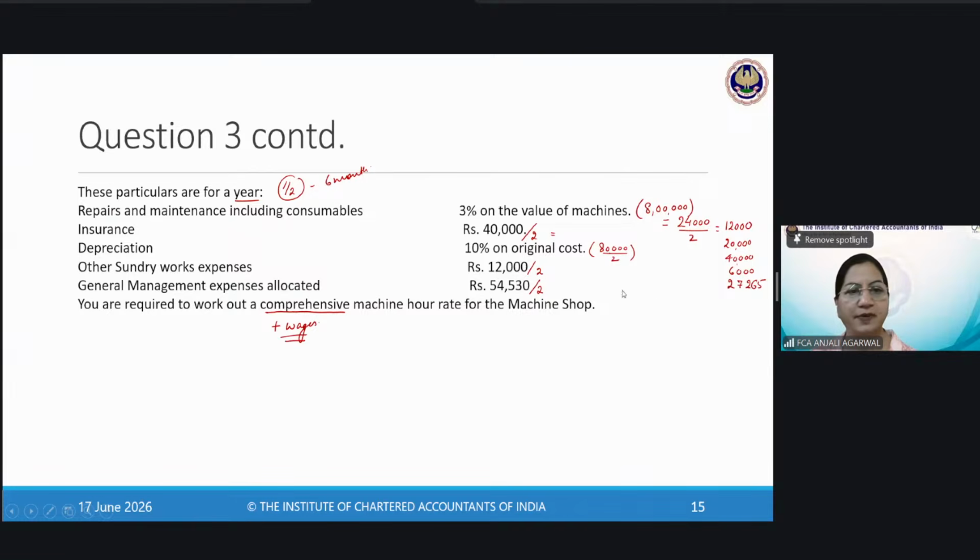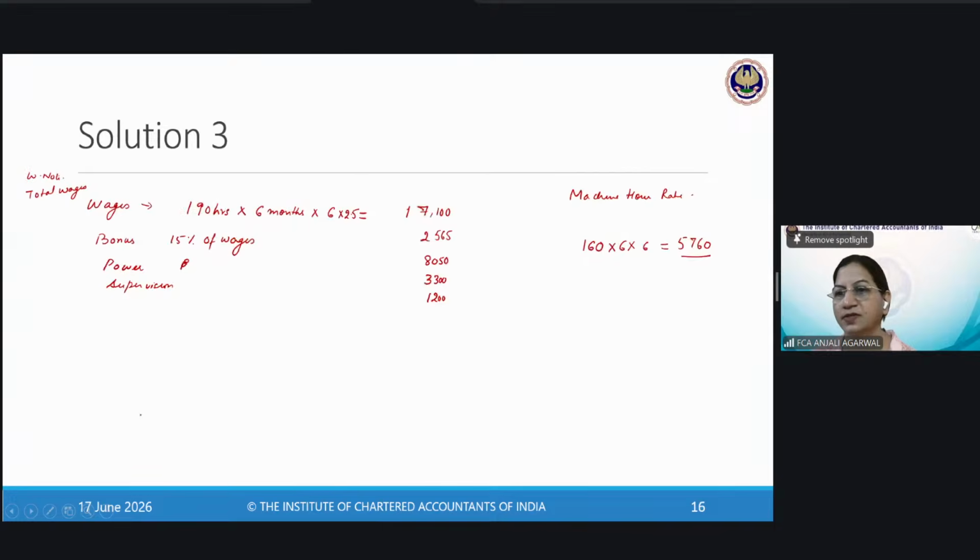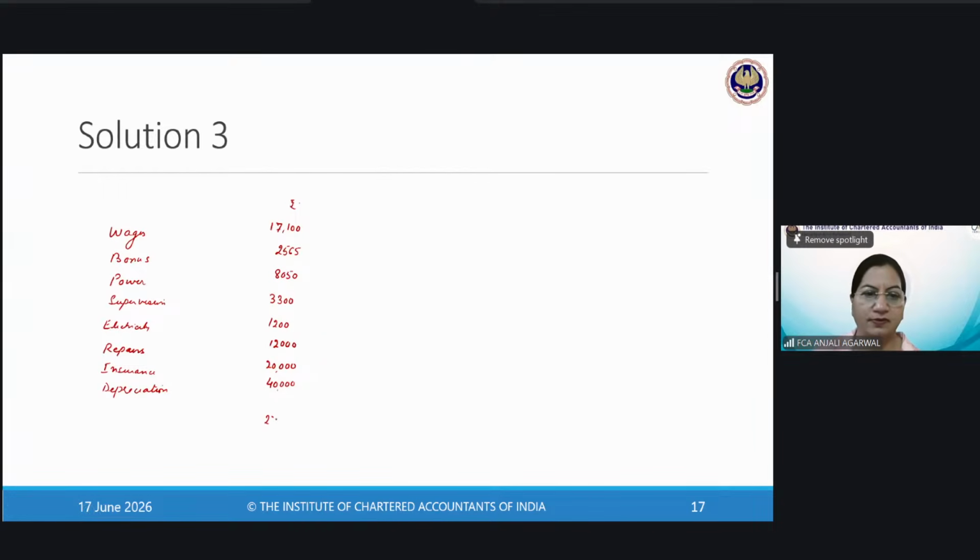And general and management expenses allocated, sorry, other sundry expenses, 6,000 and 27,265. Other sundry expenses, 6,000.